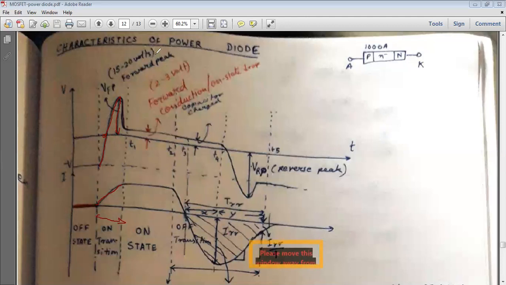It is a rising characteristic. After some time this resistance will come to a minimum value, and after that the voltage continues with a constant minimum value. After this peak, the resistance decreases, and resistance decrease means current increase, so current will continue increasing.